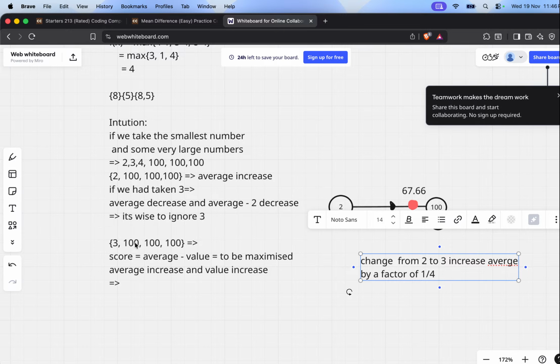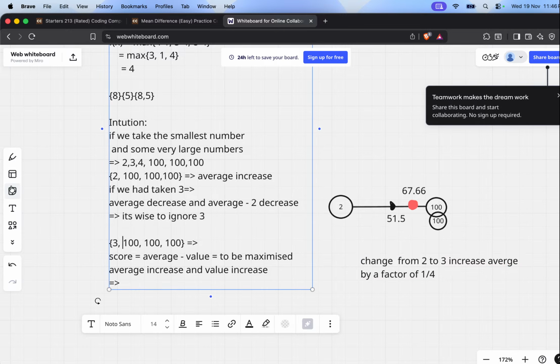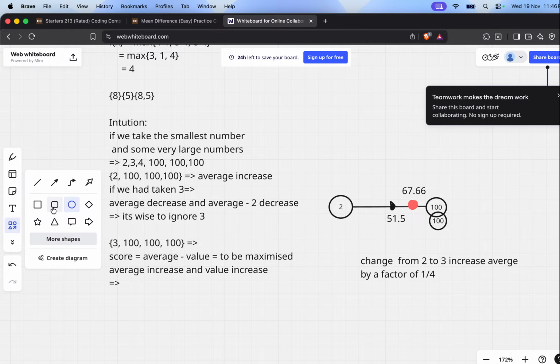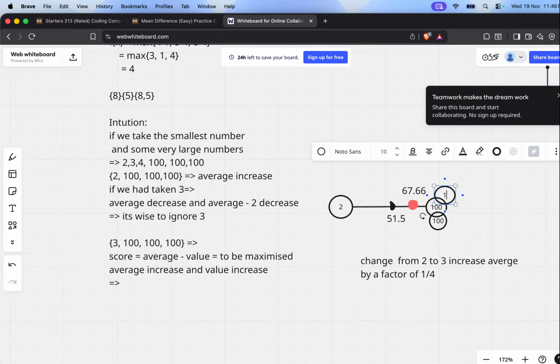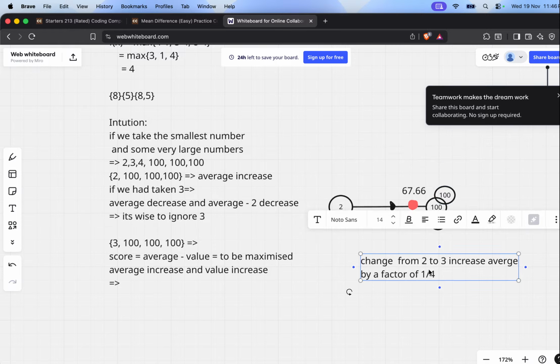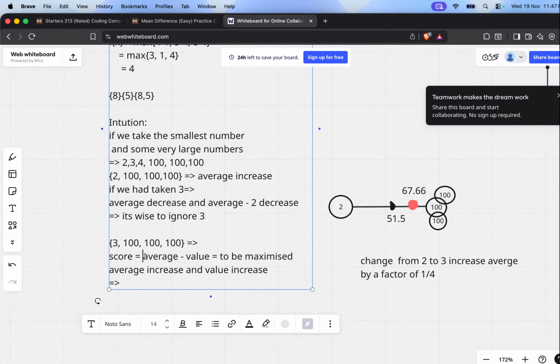And initially we had 300s. So there is one more 100 pulling the rope here. All right. So the increase in average is of factor 1 by 4. So this particular part increases by 1 by 4.